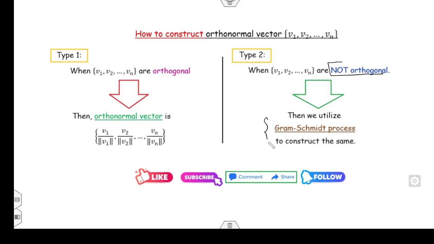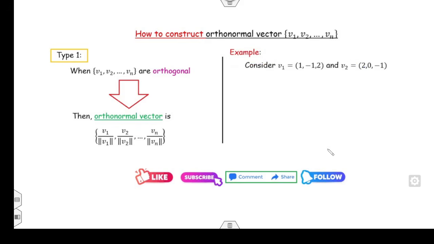Then we apply the Gram-Schmidt process to construct the orthonormal vectors. Clear? Once your vectors are orthogonal, we can divide by the norm to construct the orthonormal vectors. Whenever the vectors are not orthogonal, we apply the Gram-Schmidt process.